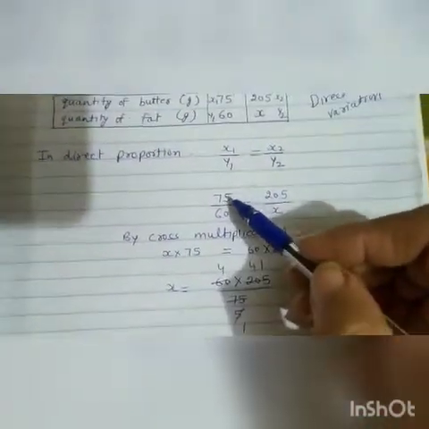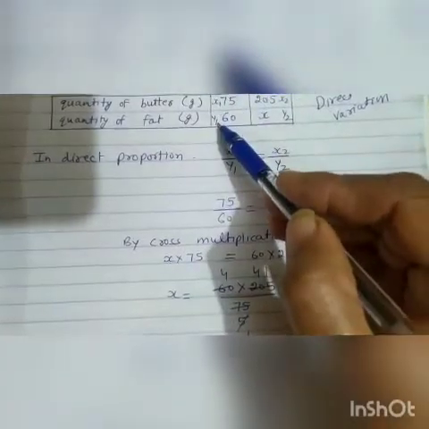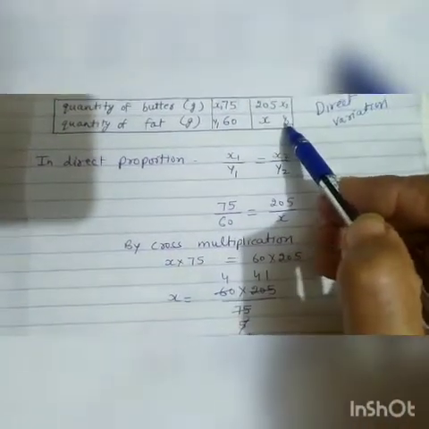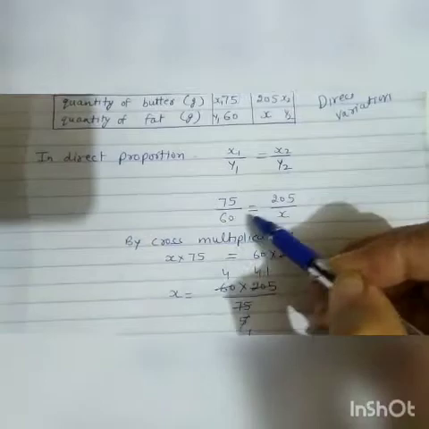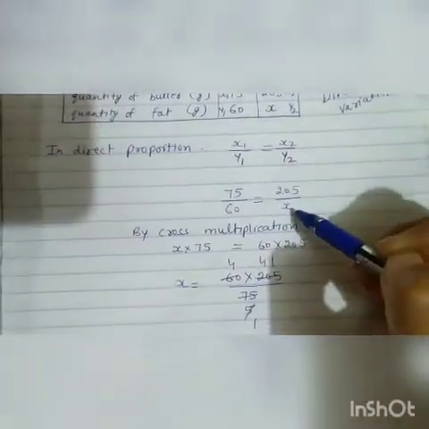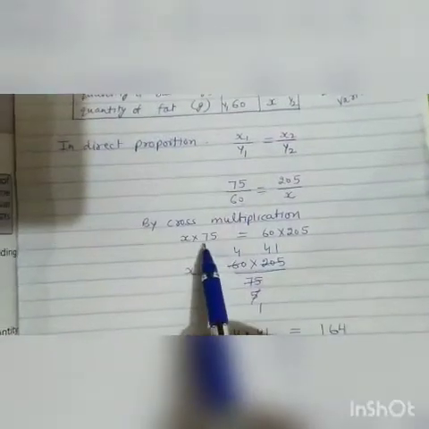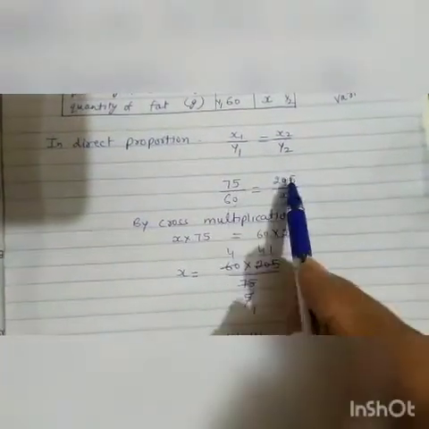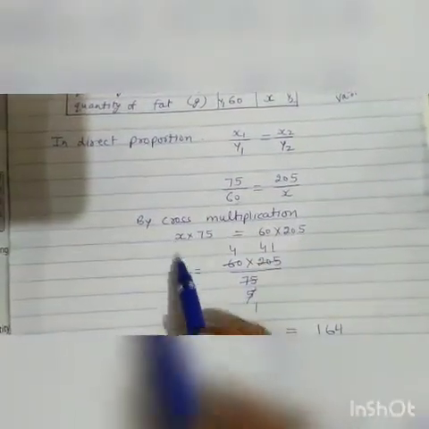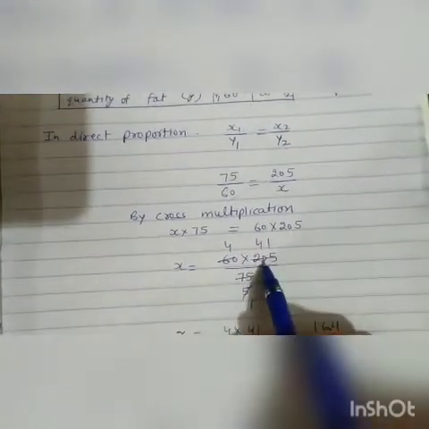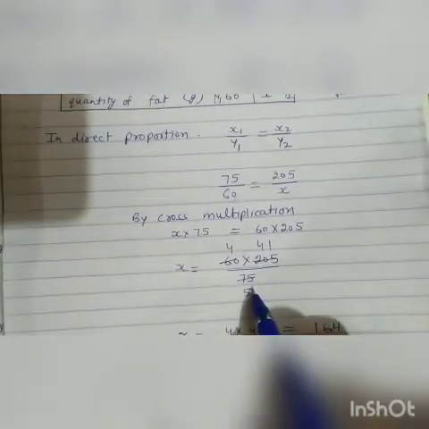Again, put the values of x1, y1, x2, y2. So, 75 upon 60 is equal to 205 upon x. Again, by cross multiplication, x multiplied by 75 is equal to 60 multiplied by 205. x is equal to 60 multiplied by 205 upon 75.